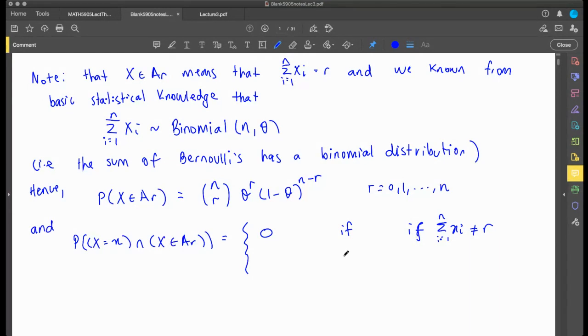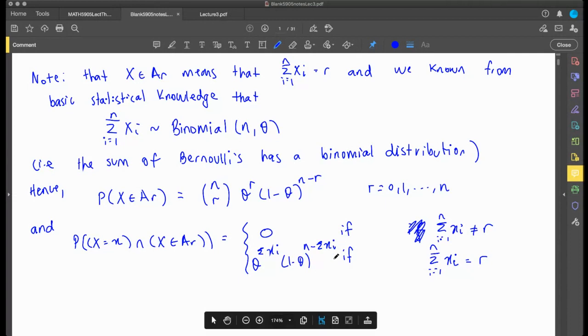On the other hand, if the sum from i equals 1 to n of x_i does equal r, then this is already satisfied. So it's just the probability that X equals x. And we know that that's just theta to the sum of the x_i's times 1 minus theta to the n minus the sum of the x_i's.